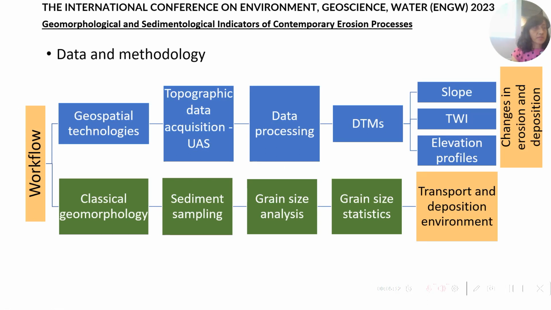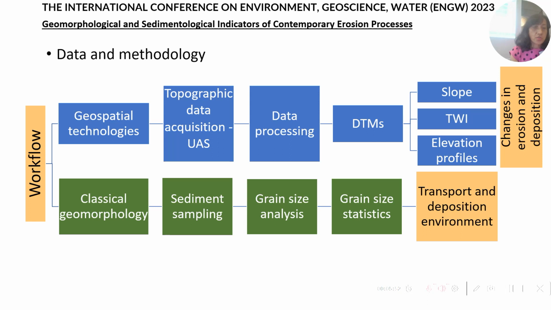Regarding the study workflow, we can consider two main aspects. The first one is the application of geospatial technologies, and the second one, classical geomorphology. The geoinformation approach contains topographic data acquisition using an unmanned aerial system, data processing, creating digital terrain models with high resolution, and some derivative models like slope, topographic wetness index, and elevation profiles.